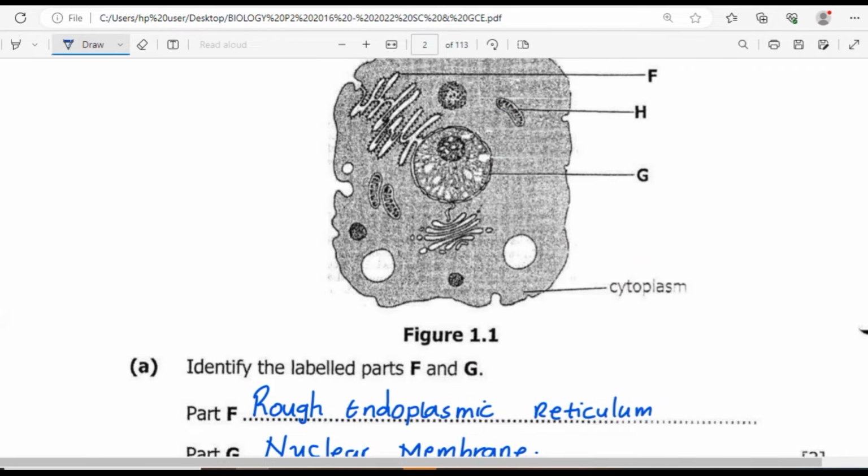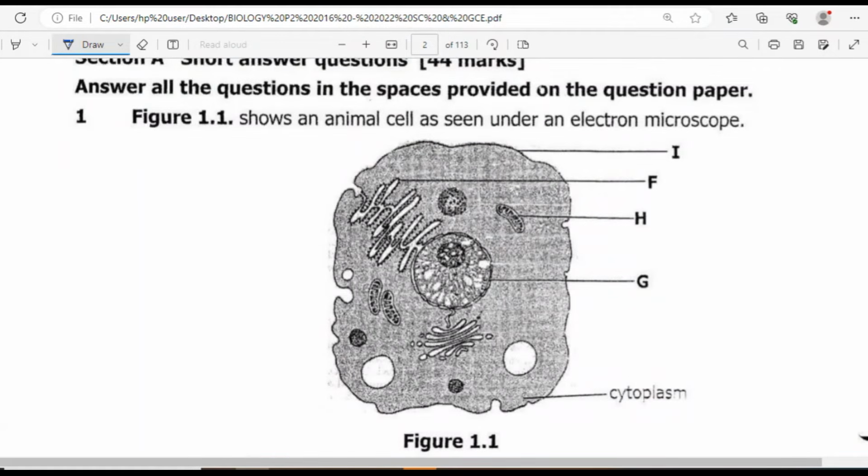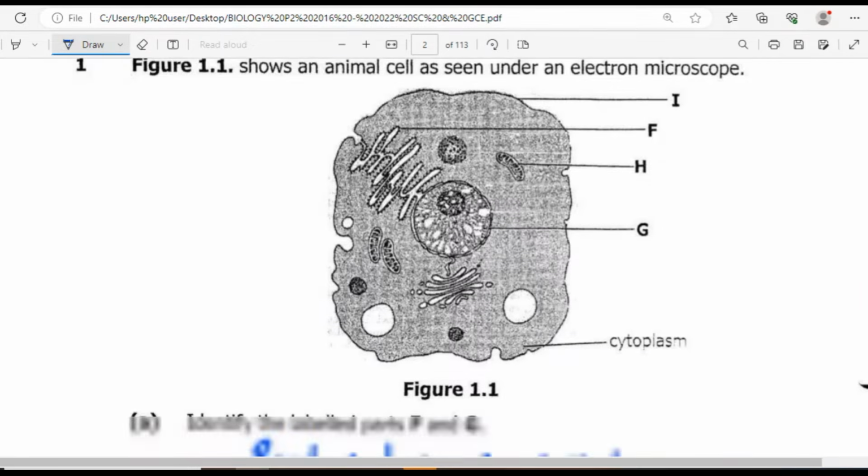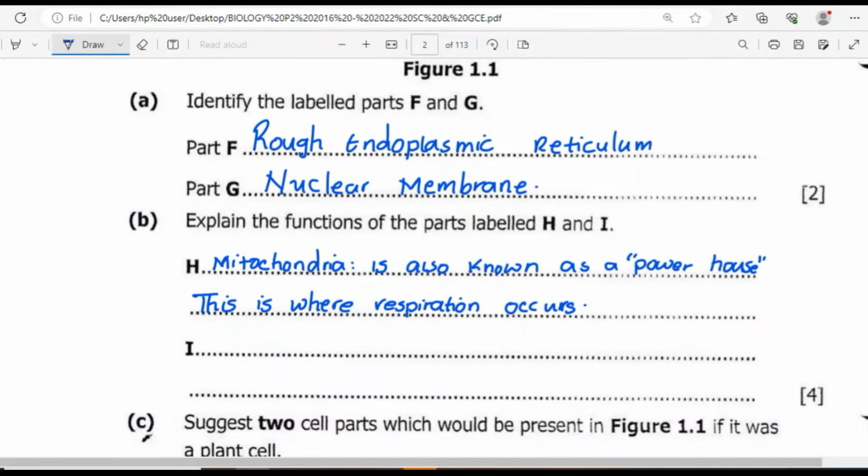Then what else? The other part that we need is I. The I is just the outer part here. So what is this outer part? This is a cell membrane. So what is the function of the cell membrane? Cell membrane can also be answered in so many ways.